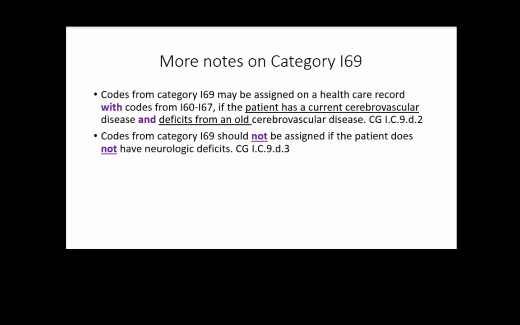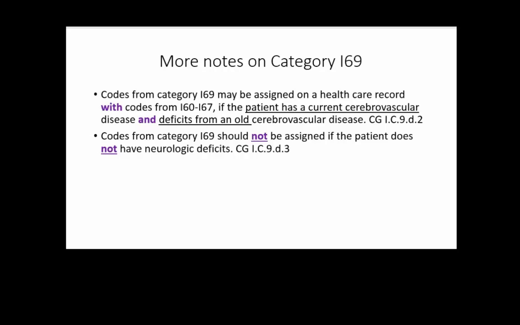This is more notes on category I-69. Codes from category I-69 may be assigned on a healthcare record with codes from I-60 through I-67 if the patient has a current CVA and deficits from an old cerebrovascular disease. So the patient has a previous stroke with right hemiplegia, then he comes in with another stroke, and now he's got left hemiplegia.